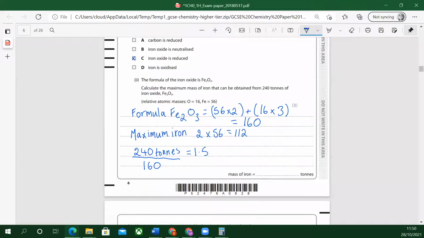Okay, so we've got 1.5 times, let's look at our mass of our iron. Okay, so that's 1.5. Then we need to multiply that by the formula mass of our iron. Okay, and that will give us 168 tons.